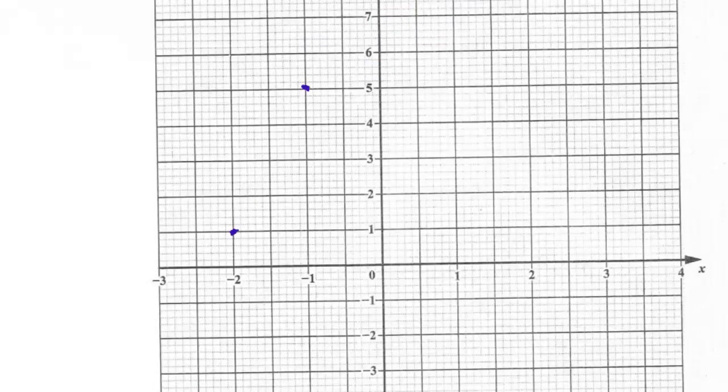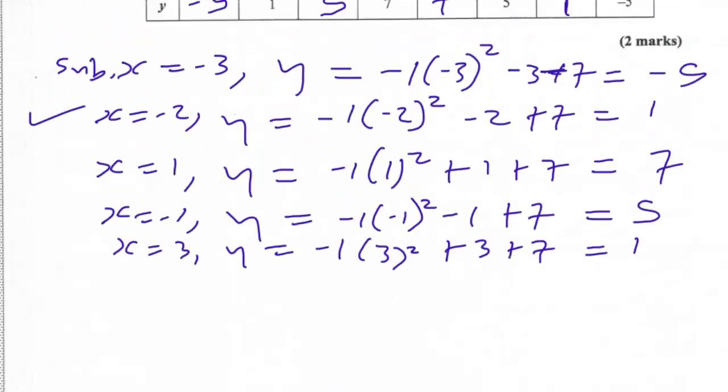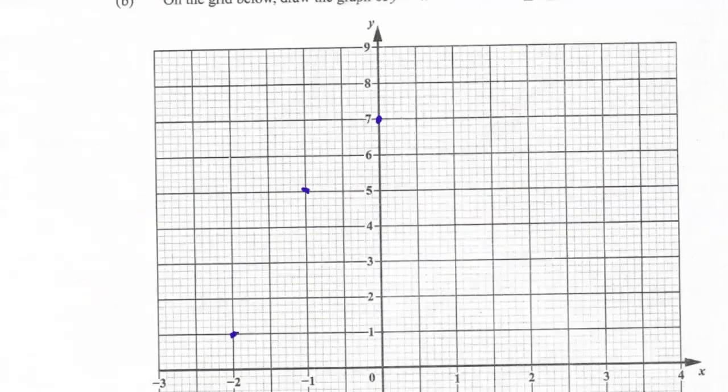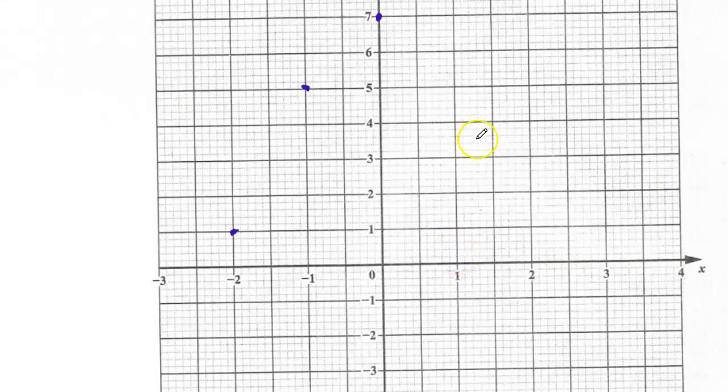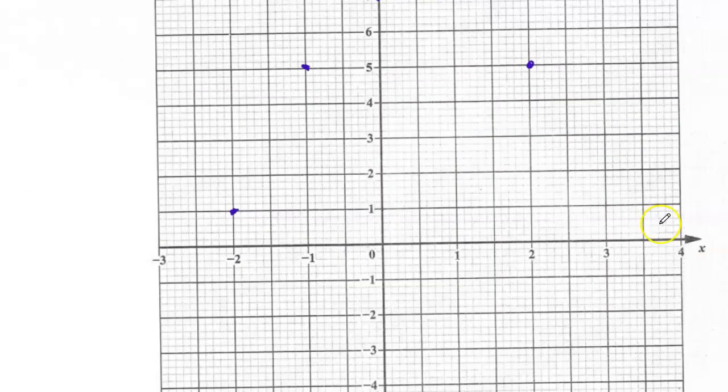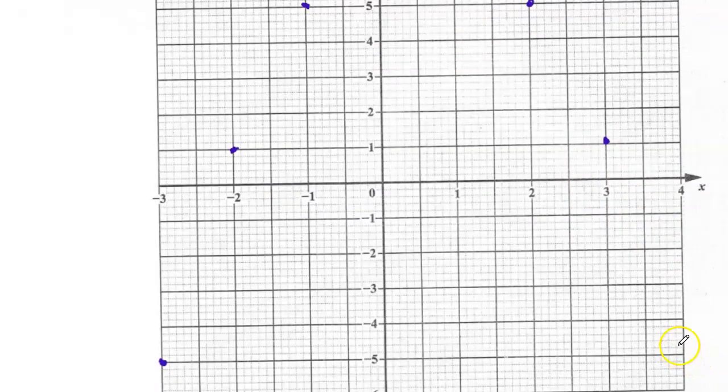Next, 1, 7, and 2, 5. And the final 2 points, 3, 1, and 4, negative 5. So 3, 1 is here, and 4, negative 5 would be about there.